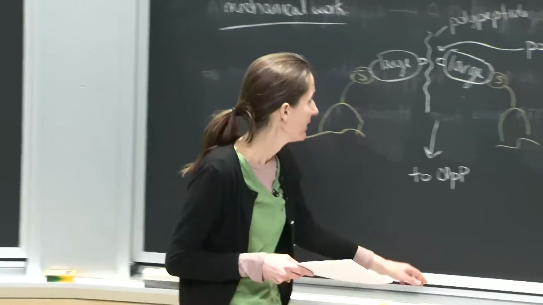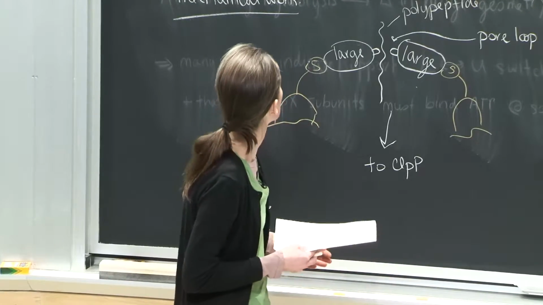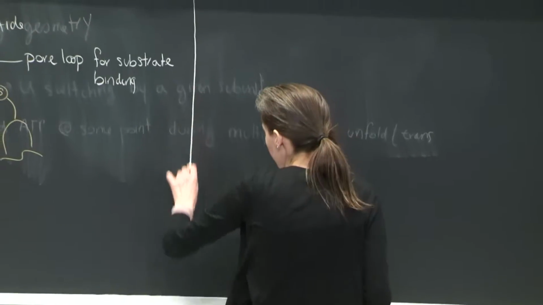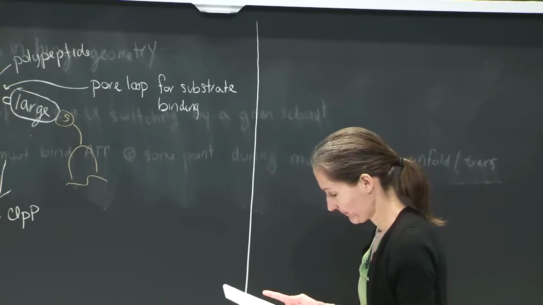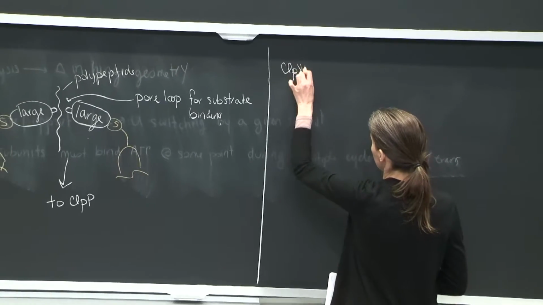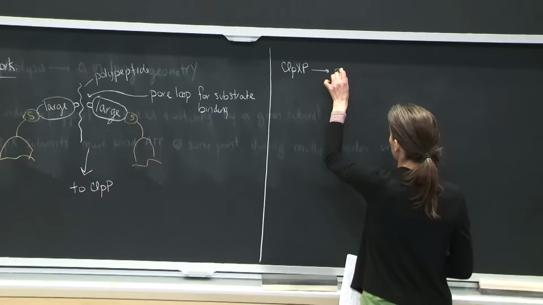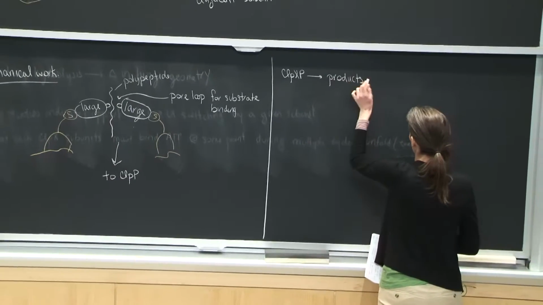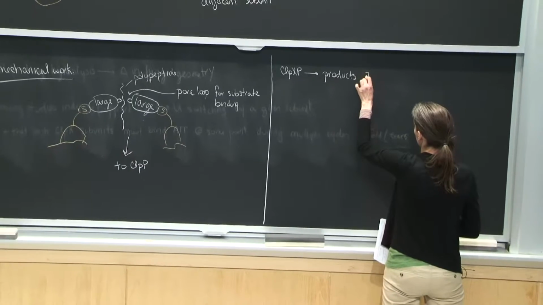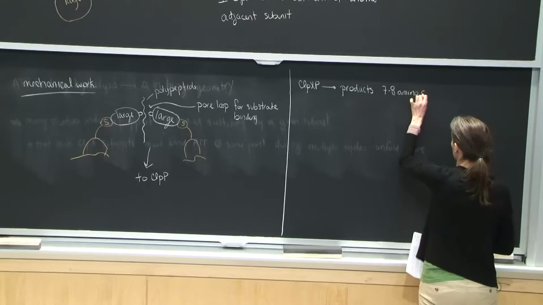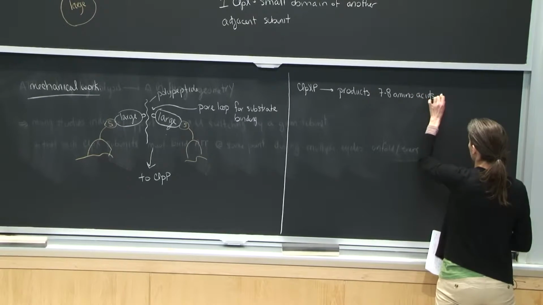So the final question, just going to touch upon, is how does the polypeptide that's been degraded get out of the chamber? ClpXP will give products that are 7 to 8 amino acids in length, so short polypeptides.